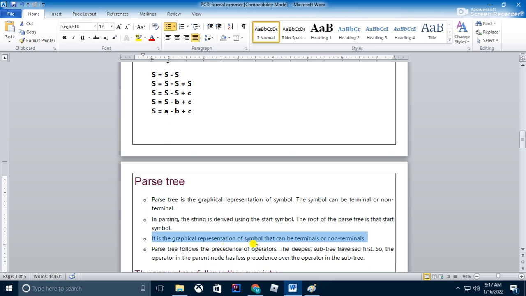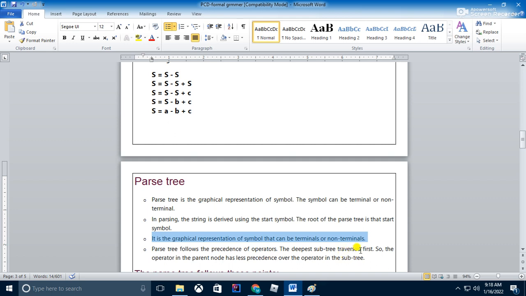Parse tree follows the precedence of operators. The deepest subtree traverses first, so the operator in the parent node has less precedence over the operator in the subtree. So parse tree follows the precedence of operators, or hierarchy of operator rules, for a particular representation of the input string.